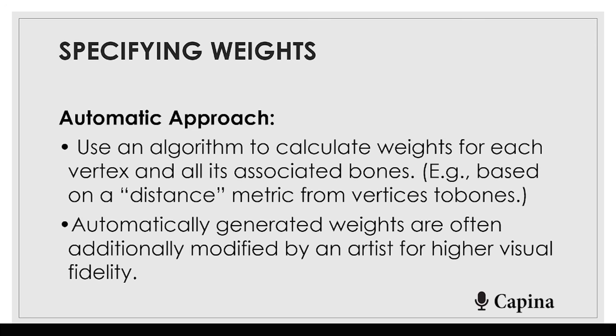Next is automatically generated weights are often additionally modified by an artist for higher visual fidelity. So, yung mga automatically generated weights daw ay kadalasang binabago ng mga artist para mas makuha nila yung best look for their 3D model.